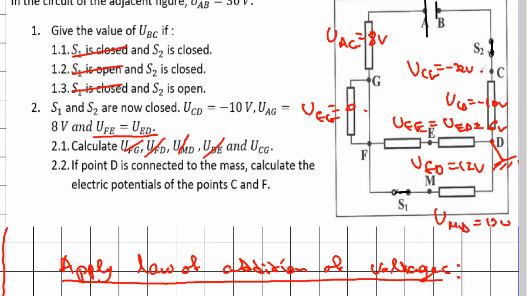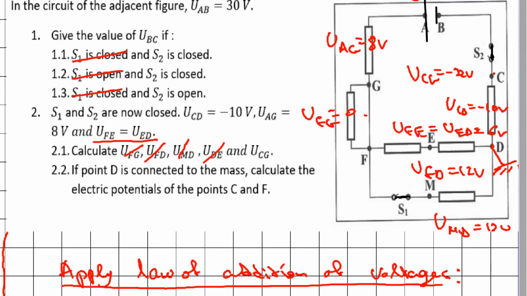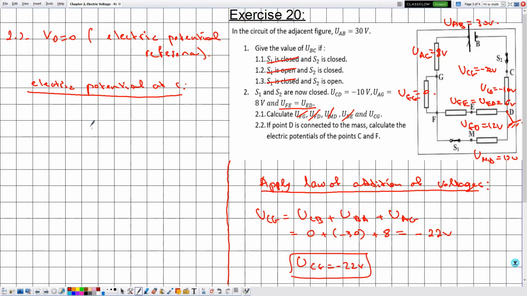Now we are interested in determining the electric potential at the point C. In order to determine it, we need to consider a voltage that relates this point to another point whose potential we know, and this is given by UCD is equal to minus 10 volts.